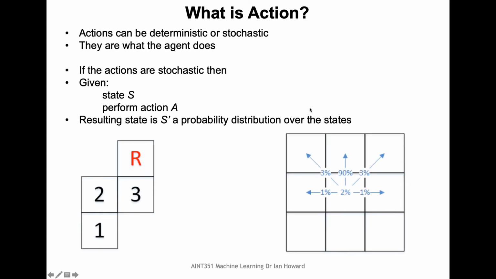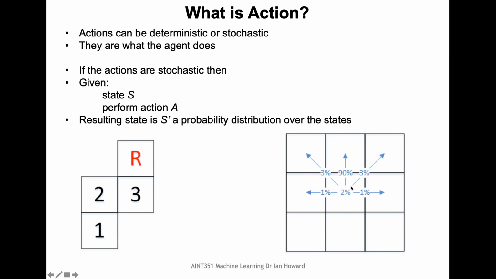This is a stochastic policy, right? Our stochastic policy could be that when we're in this middle state here in this maze, 90% of the time we go straight up north, 3% of the time we go up at 45 degrees to the right, 3% of the time we go 45 degrees to the left, and 1% of the time we go completely to the right and 1% completely to the left.